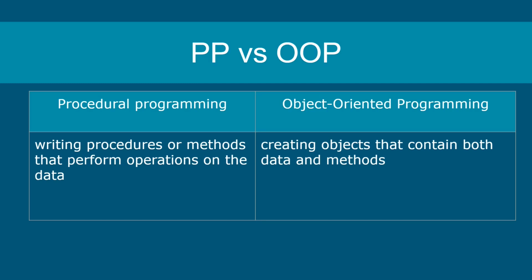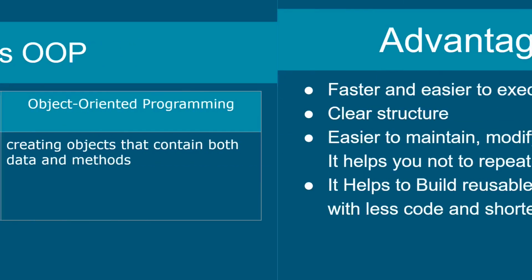We created a function called selfIntro. We passed some data, it processed the data, and it returned the result. Object-oriented programming is about creating objects that contain both data and methods.